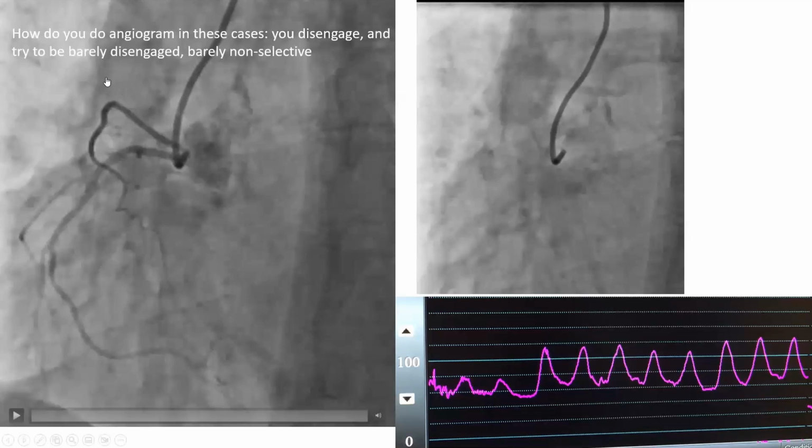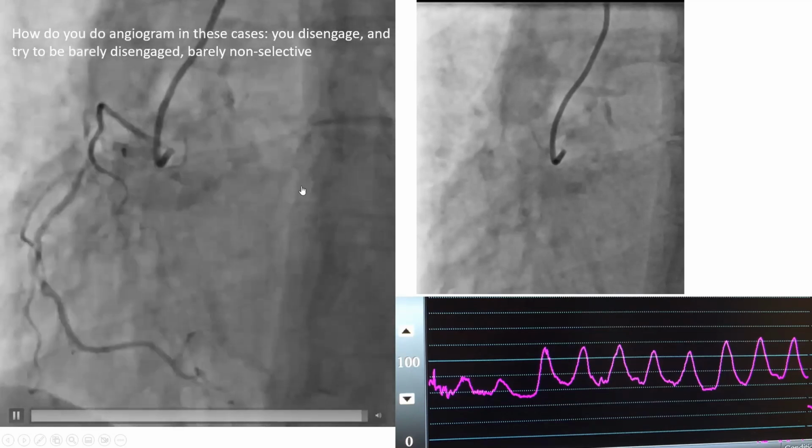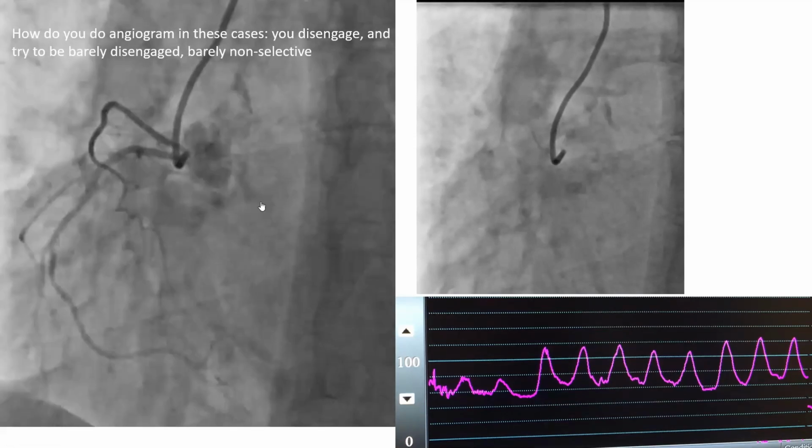The better answer in this case, the best answer is you disengage and you try to be barely disengaged, barely non-selective. Basically, you make your catheter slightly disengaged. So you're not fully engaged, your catheter is in the neighborhood, okay? This is from another case we did. The catheter pressure was damped, as in here.